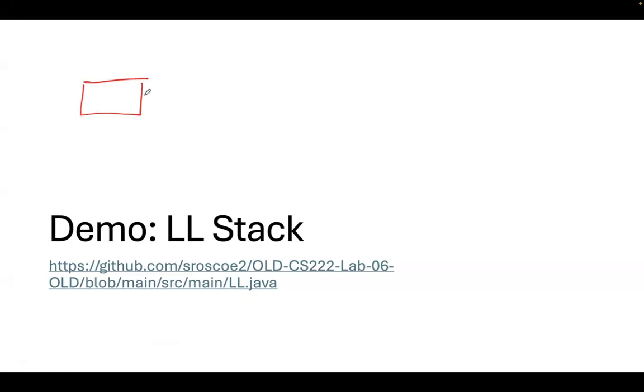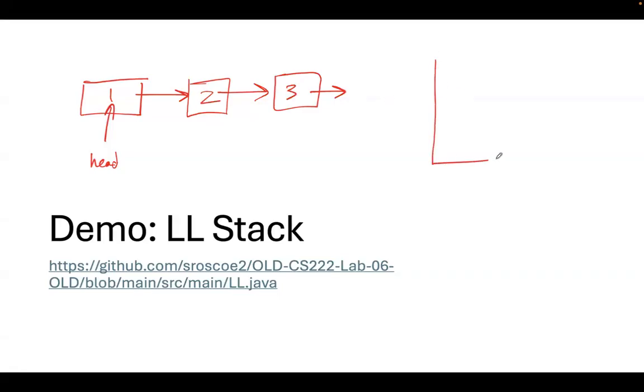So for a stack, if I'm using a linked list, and this is the head of my list, let's say this is 1, 2, and 3. I want you to figure out, if this is the contents of my linked list, how should that correspond to what my stack looks like? So talk with your neighbors for a second. What's at the bottom of the stack? What's at the top? What order do we go in?